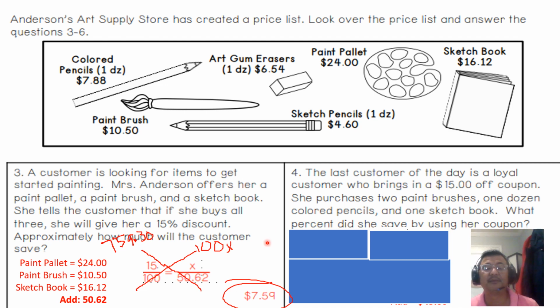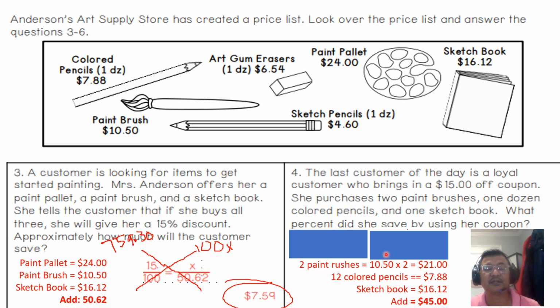Next, the last customer of the day is a loyal customer who brings in a $15 coupon. It's a small paper that says it's a coupon. She purchases 2 paintbrushes, 1 dozen colored pencils, and 1 sketchbook. What percent? The percent sign is the one that's missing. So let's first total the amount that we will be buying. 2 paintbrushes, that's 10.50 each, so times 2 will be 21. A dozen pencils. Where are the pencils?